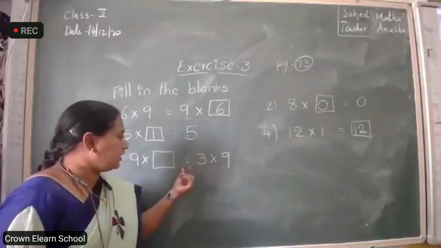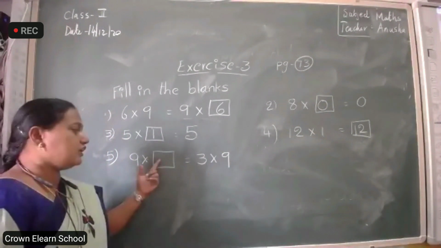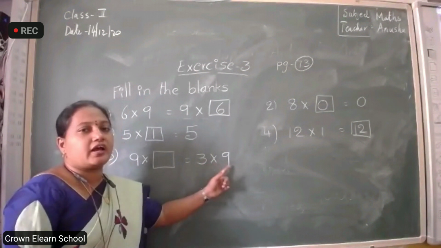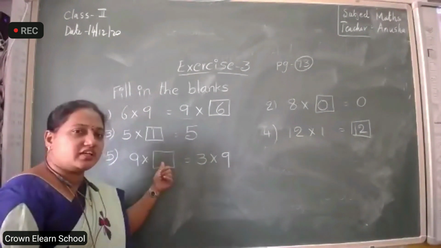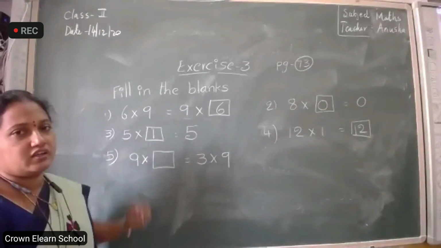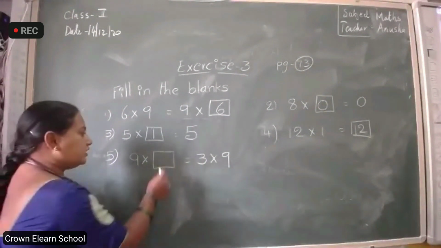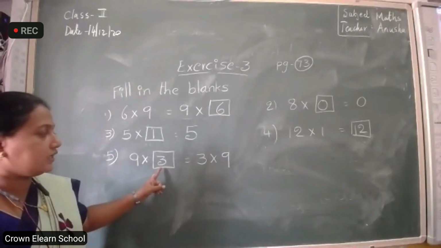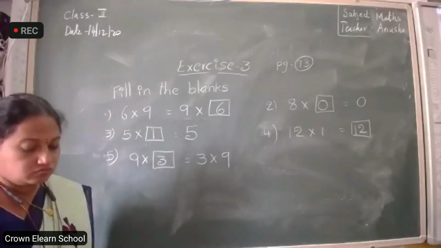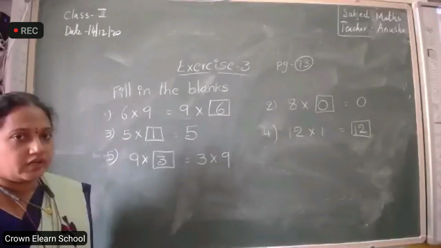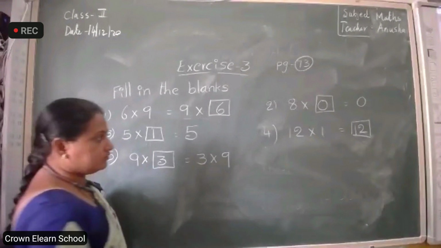Before the equal sign 9 is there, you don't know the other number. After the equal sign, 3 and 9. What number is missed here? 3. So write 3. Yes, fifth one.